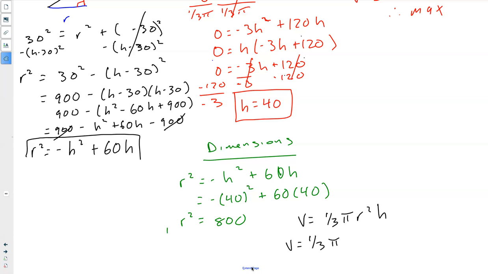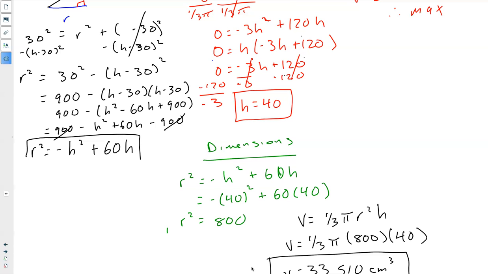So r squared is 800, and my height is 40. Okay, so punch these into your calculator, and you'll get a volume of 33,510 centimeters cubed, right? Volume is in 3 dimensions there.